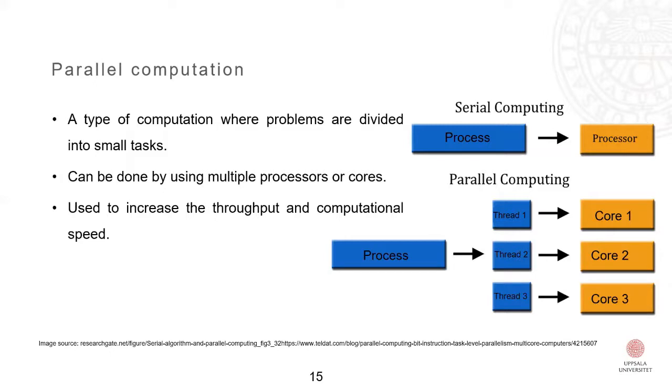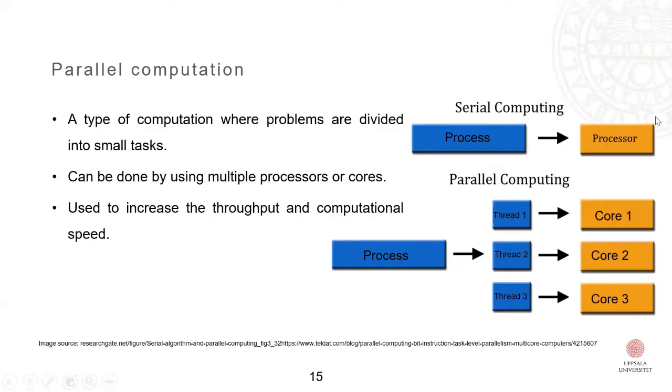It means that we can have a type of computation in which the work or the problem that we want to solve is divided into smaller tasks, and then this work can be done at the same time using our different cores. In this way, the computational speed of the computer is increased a lot.